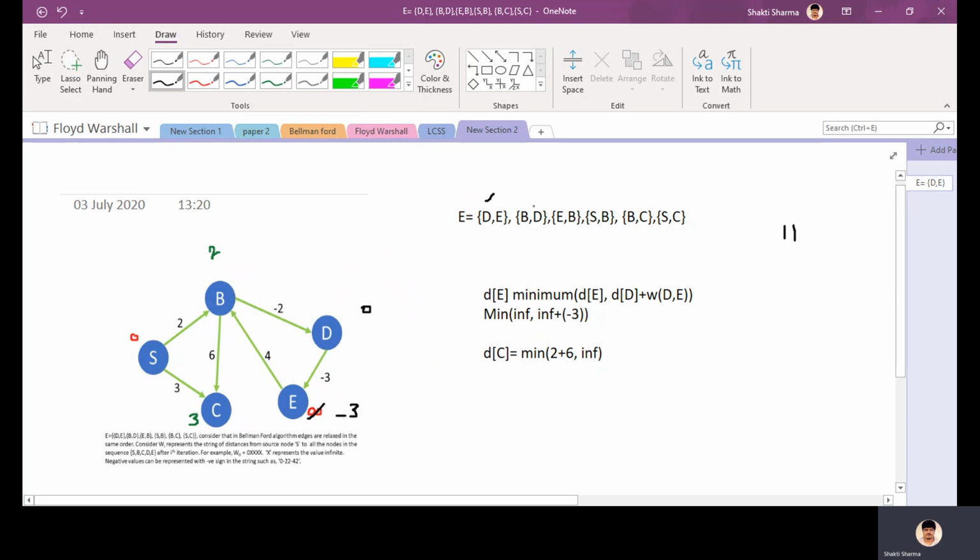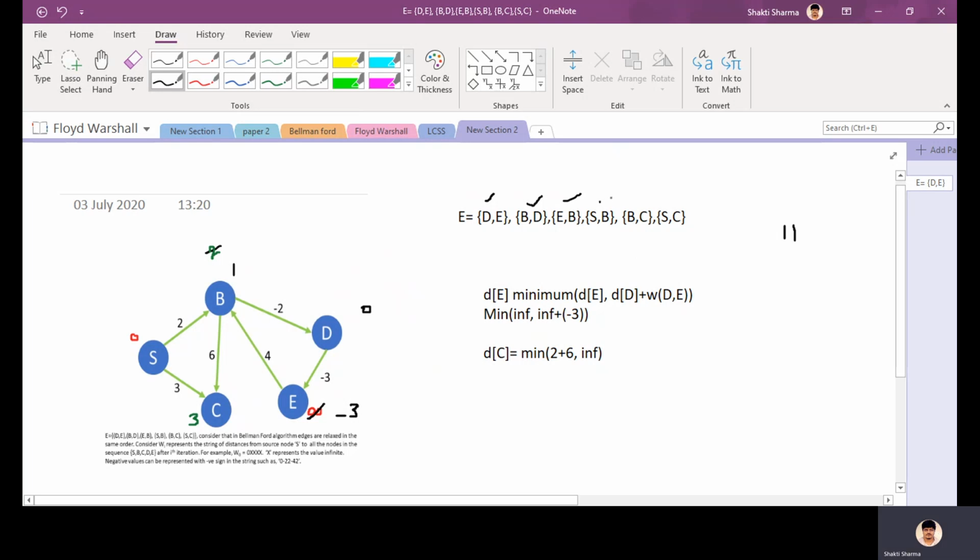The next relaxation will be EB. So minus 3 plus 4 will give me 1. Earlier value was 2, so definitely this value will change to 1. Then relaxing SB, 0 plus 2, which will not change.